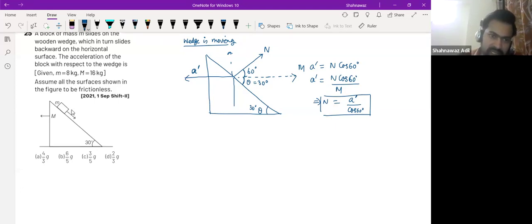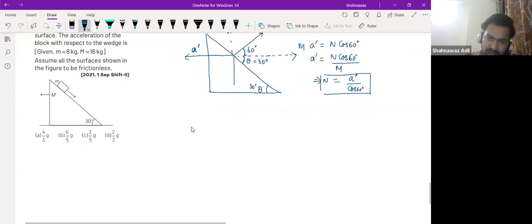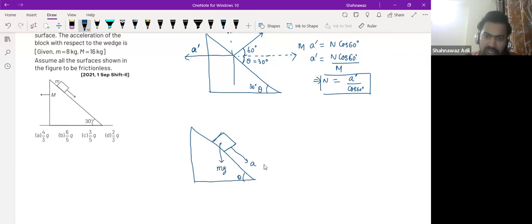So now let us consider this block, right? Now let us consider this block and we will write everything. So we have this block and this is accelerating in this direction, right? This is theta. And this block has this mass, right? This has this normal reaction.